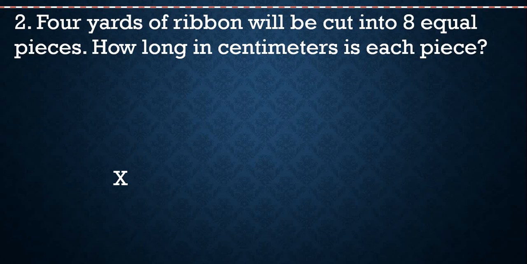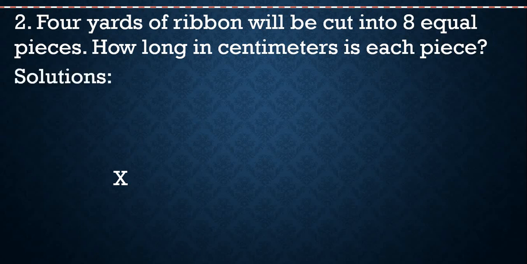Next is 4 yards of ribbon will be cut into 8 equal pieces. How long in centimeters is each piece? So, meron tayong 4 yards na ribbon and hihiwain natin sa 8 pantay-pantay na piraso. So, gaano kahaba naman ang isang piece, ang isang piraso in centimeter? Okay?